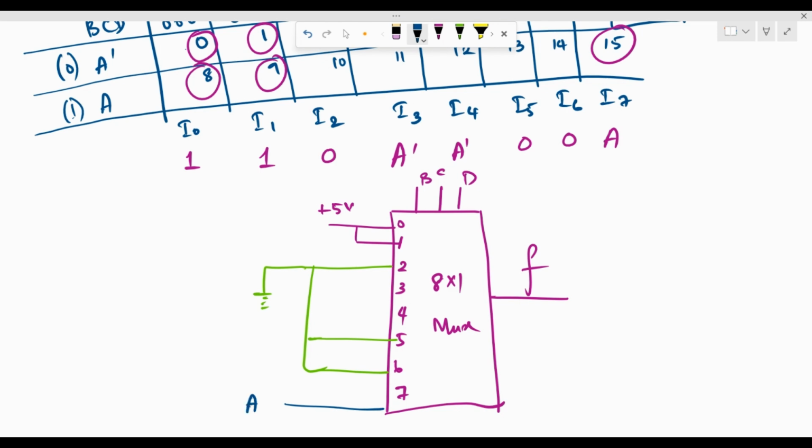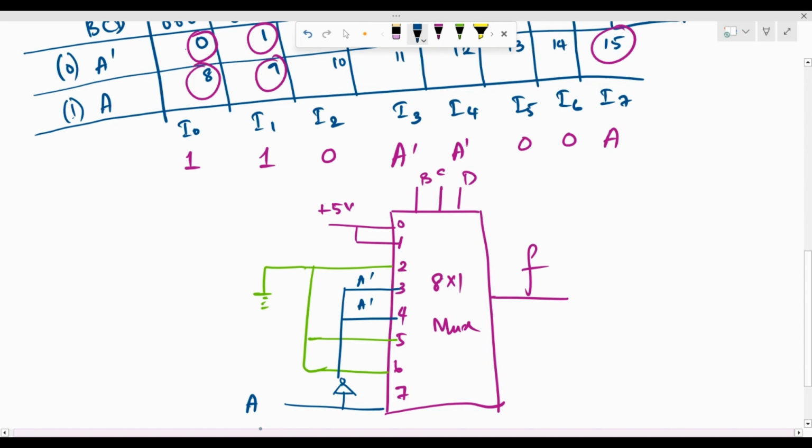Just like how we have BCD, this is another input A. And the inputs I3 and I4 of this mux are connected to A dash. So I can have a NOT gate over here, and that would be connected to I3 and I4, therefore making it A dash.